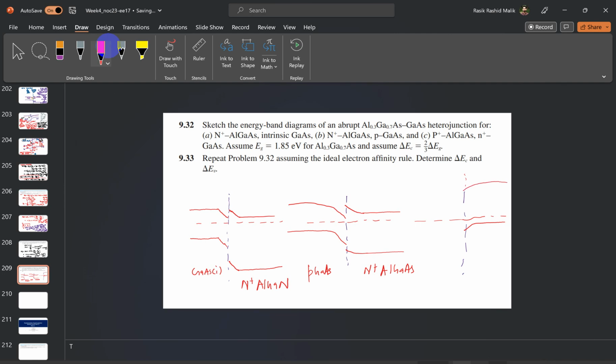Then we have the N positive, so it will be more towards this, and then a very narrow depletion in the narrower band gap material.